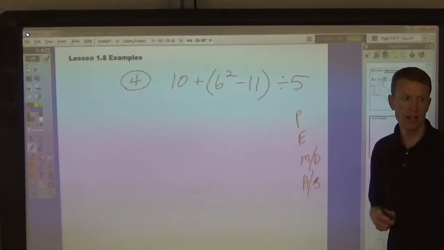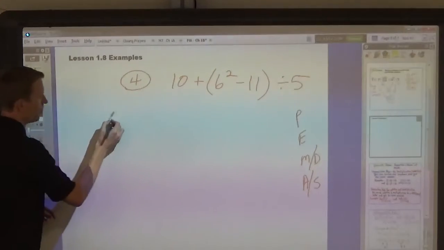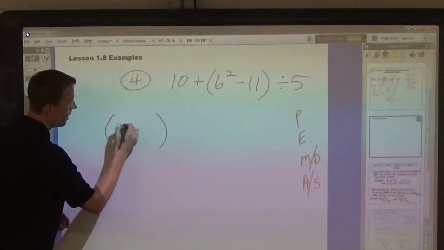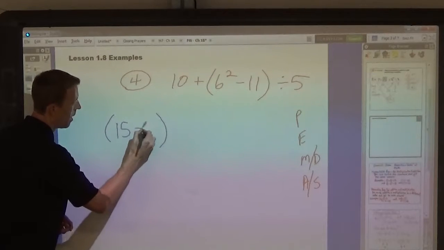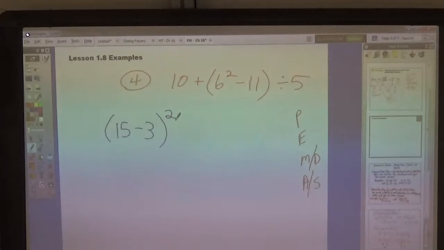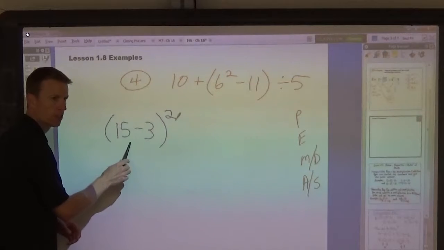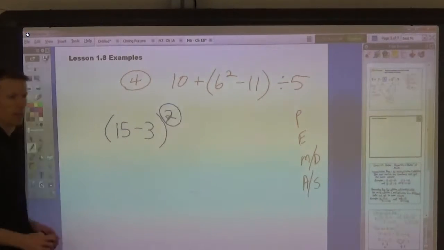Right. In that one, if you look carefully, that one is written like this. In the parentheses, 15 minus 3, and then the power is outside the parentheses, which means that we have to find the answer to this first and then do the power.